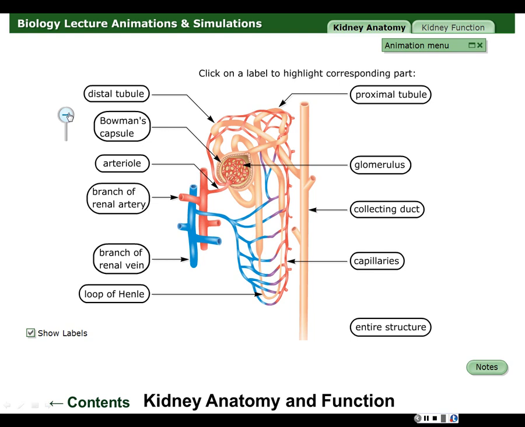Blood supply in the vessels, filtrate in the tubes. So basically, we're going to follow two fluids. Blood going one way, filtrate going a different way. But collectively, just trying to make urine. Kidneys eventually make urine by sorting off our blood plasma.